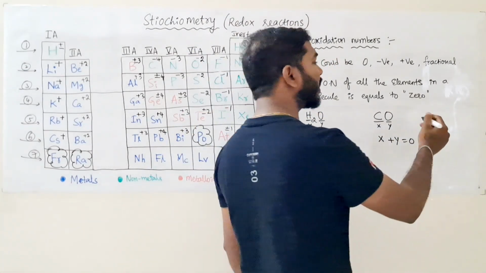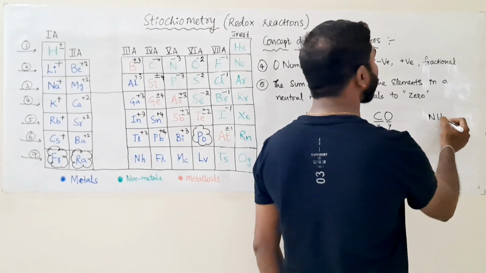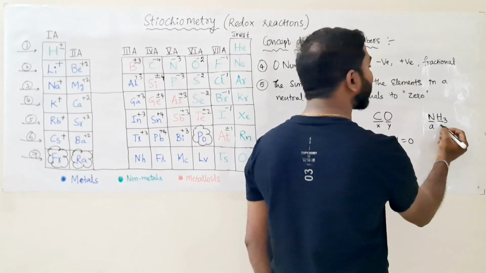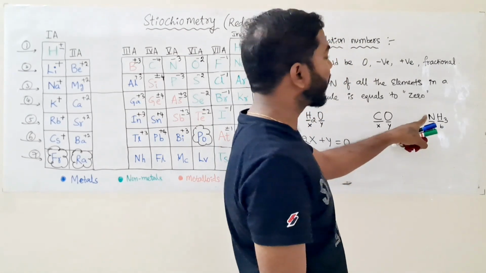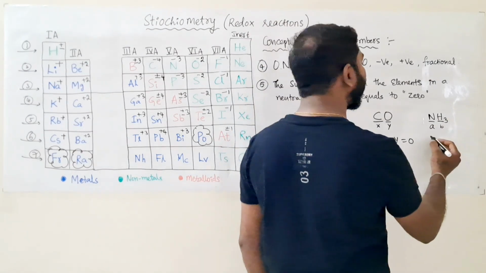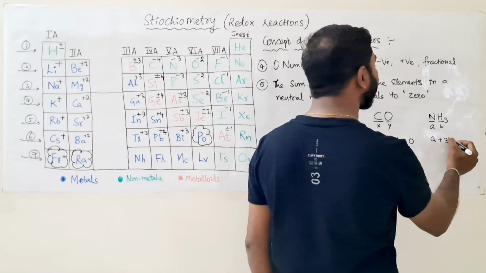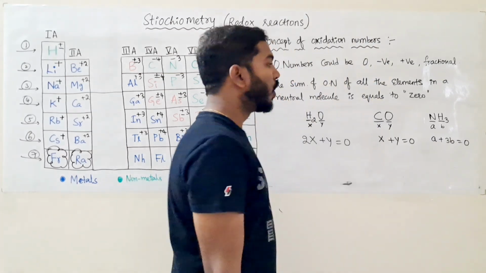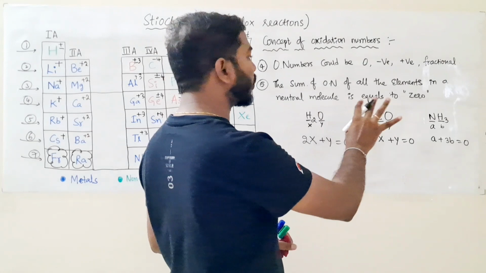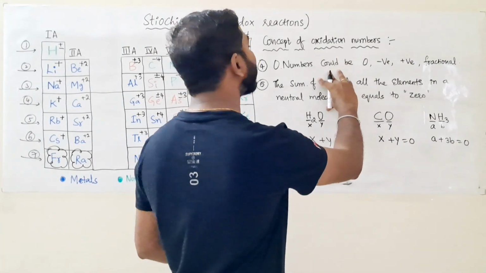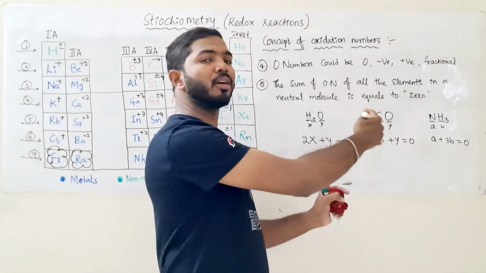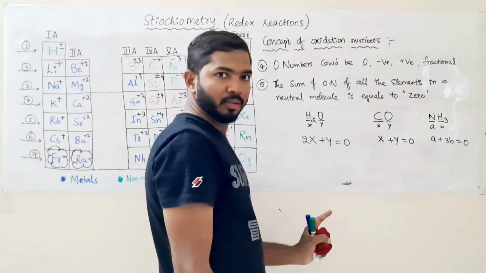Clear? Similarly, let me take NH3. Yes, so sum of the oxidation number. Suppose let's say I am here taking the oxidation number for nitrogen as A, oxidation number of hydrogen as B, and then in this case we can write down A plus 3B is equal to 0. Hope it is clear. So we will go with so many examples, don't worry, just try to understand. So whenever we have such type of neutral molecule, we have to calculate the oxidation number like this.